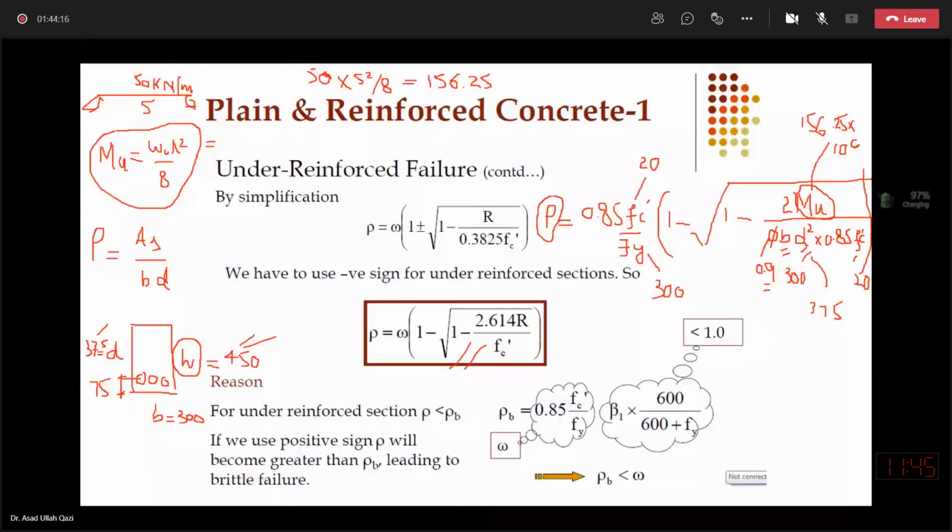What is the answer of this? Convert moment to Newton millimeter by multiplying kilonewton meter with 10 to the power 6. Then whatever is the result, subtract it from 1, take square root of it, then again subtract it from 1, and then multiply it with 0.85 FC prime over Fy.